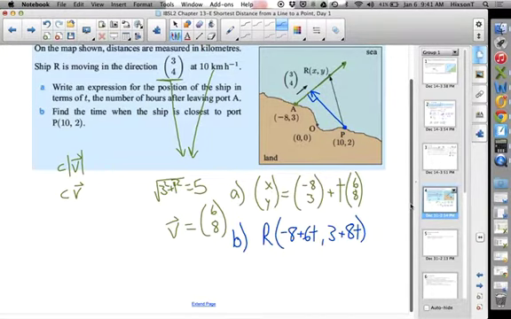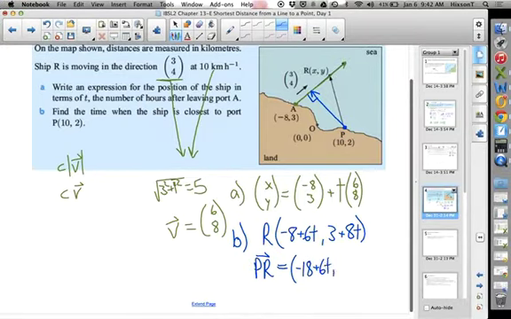So now we want the vector from P to R. So -8 plus 6t minus 10 is -18 plus 6t.